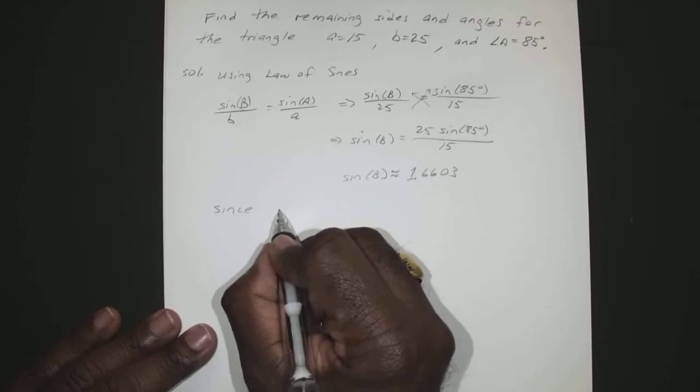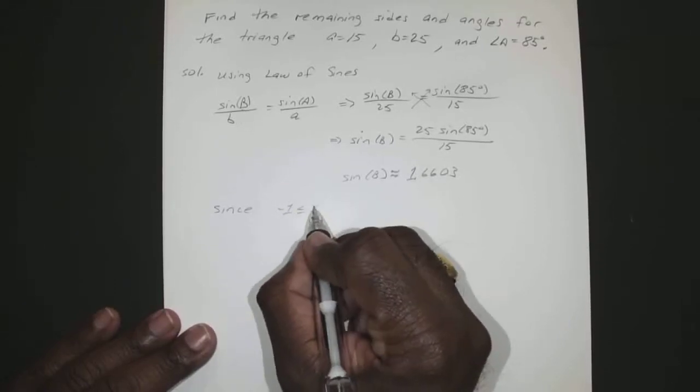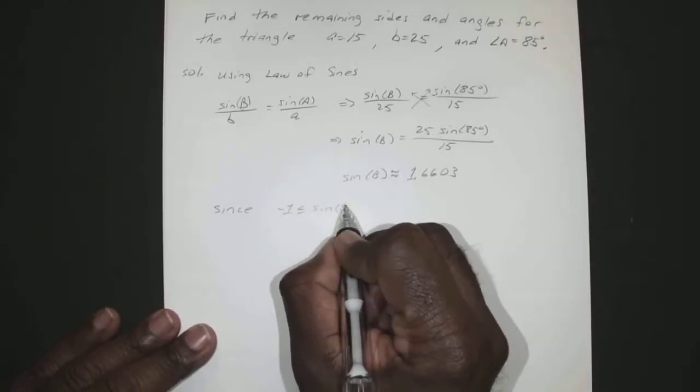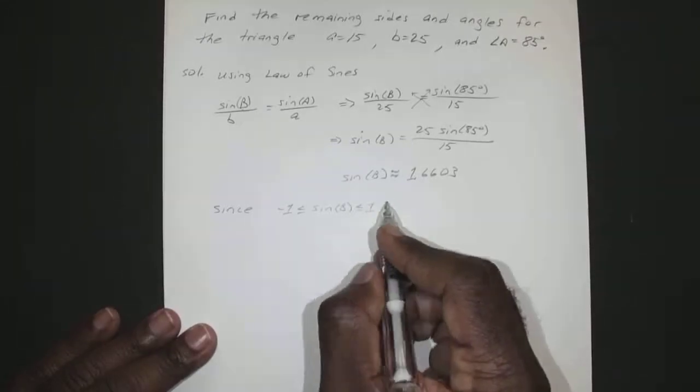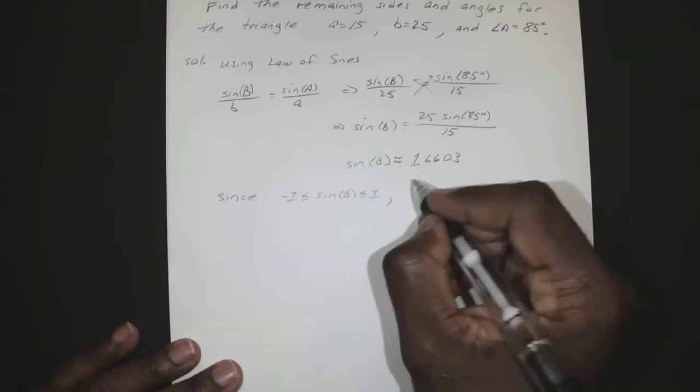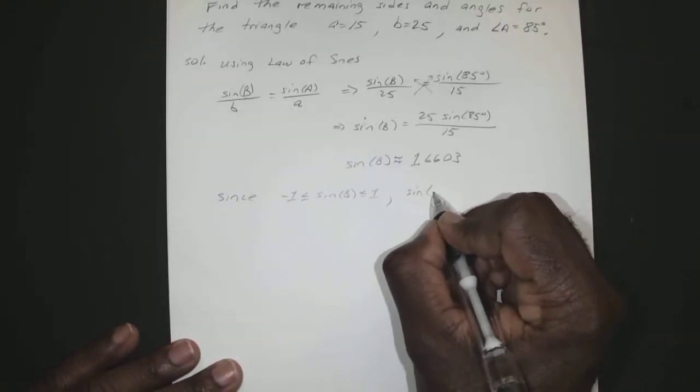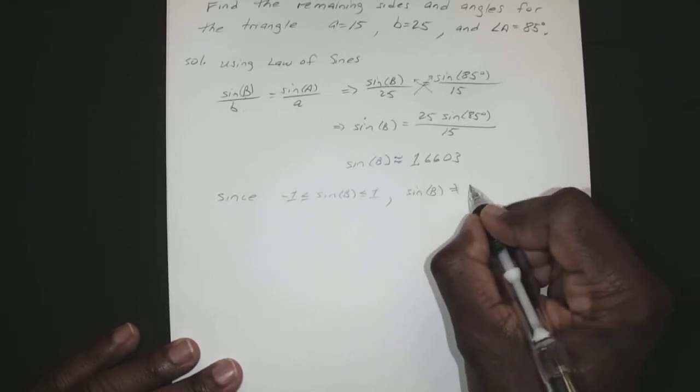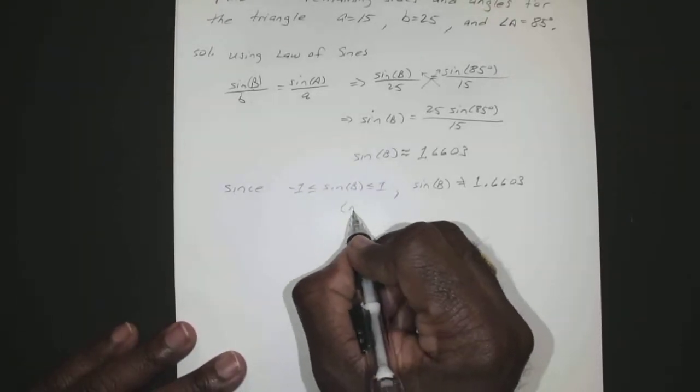Sine of B only takes values between -1 and 1, so sine of B can't equal 1.6603. So in this case, there's no solution.